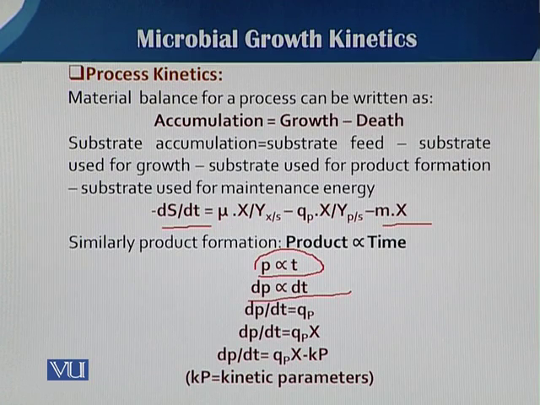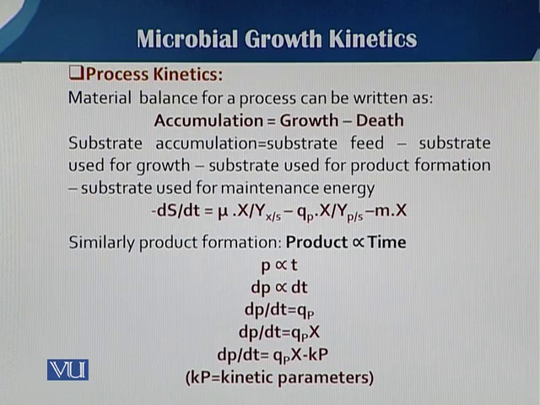As the biomass increases, the product can increase. This equation can also be written as dP over dt is equal to Qp dot x minus Kp. Here Kp is a different kinetic parameter. By this equation, dP over dt is equal to Qp dot x.